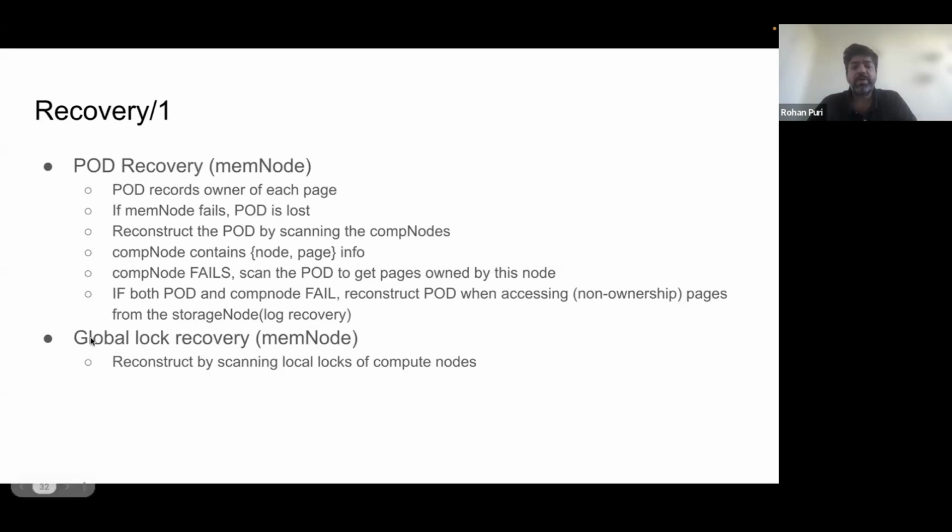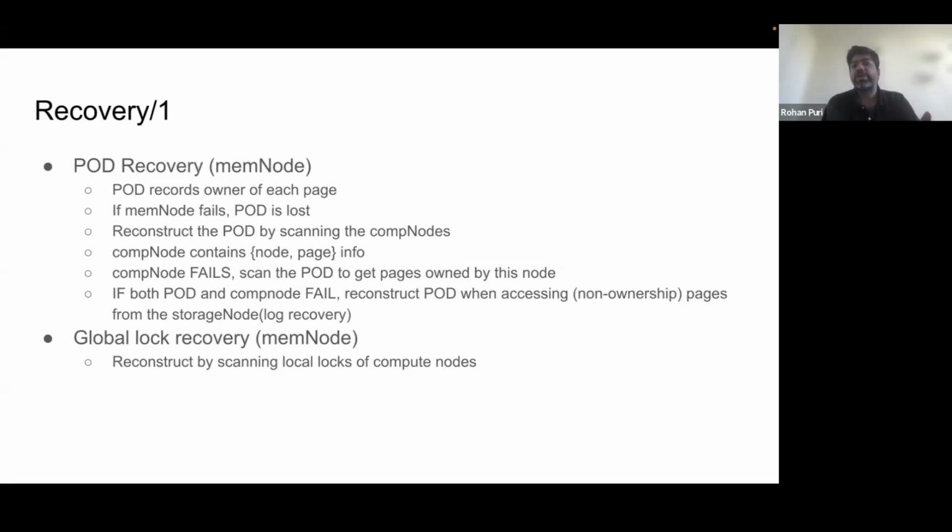How do you recover the global lock manager that is there at the memory node? You reconstruct it by scanning the local locks of the compute nodes. Generally, if you want to recover things at the memory node, because it is stateless and the state is maintained at the compute node, you get the state from the compute node.